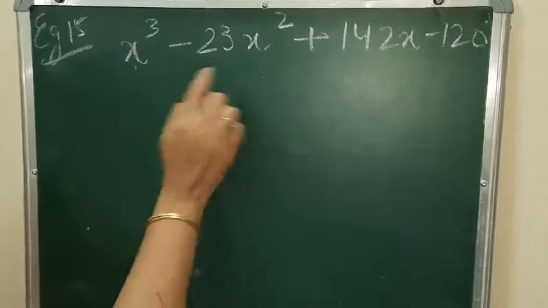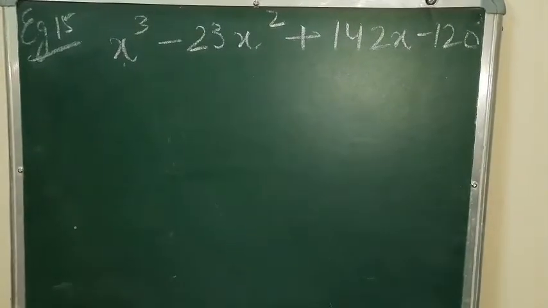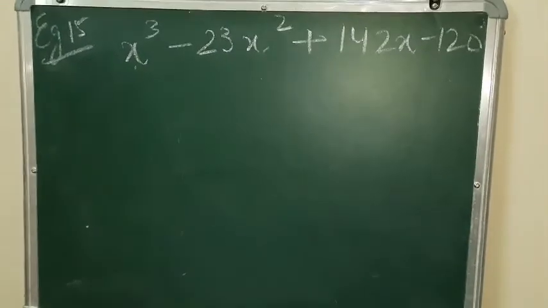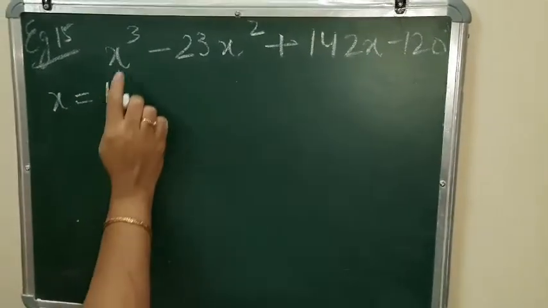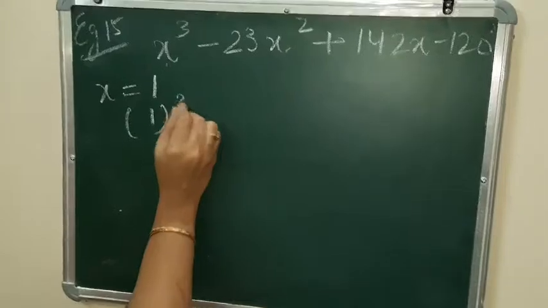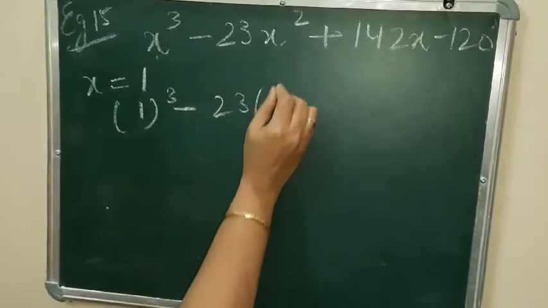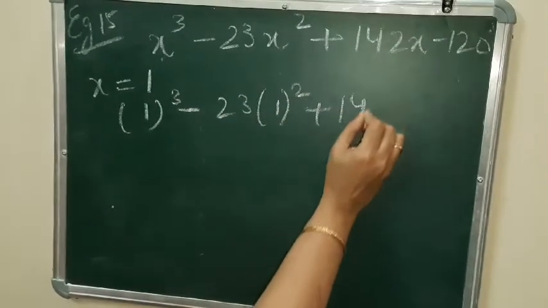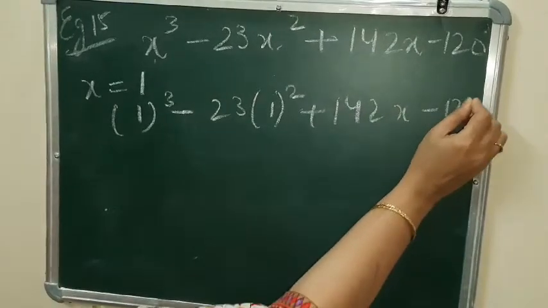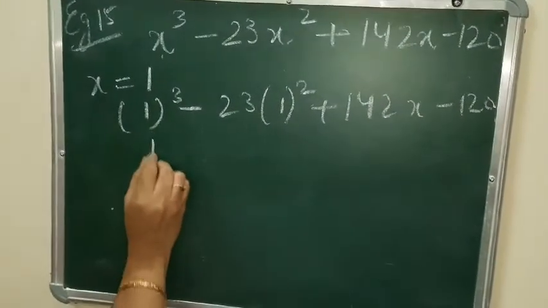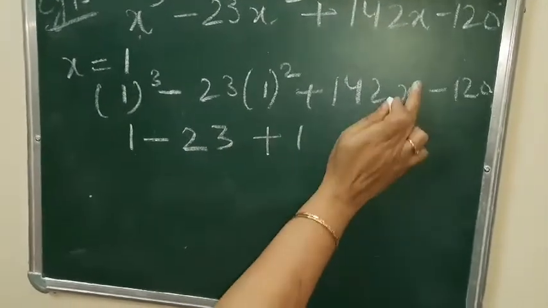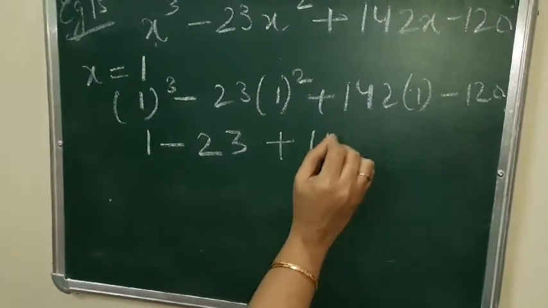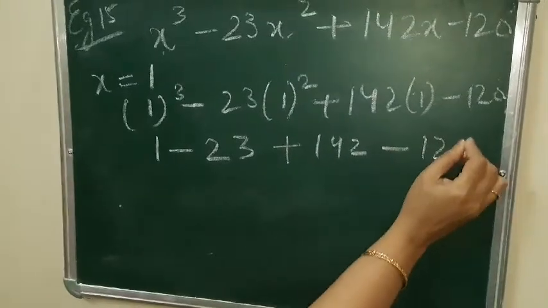The first method is that we start putting values and see where we get the value of the polynomial as 0. So let x equal to 1. Suppose I have put x equal to 1. Then when you put the value 1 in place of x, solve it. 1 cube is 1, minus 23, plus 142, minus 120.